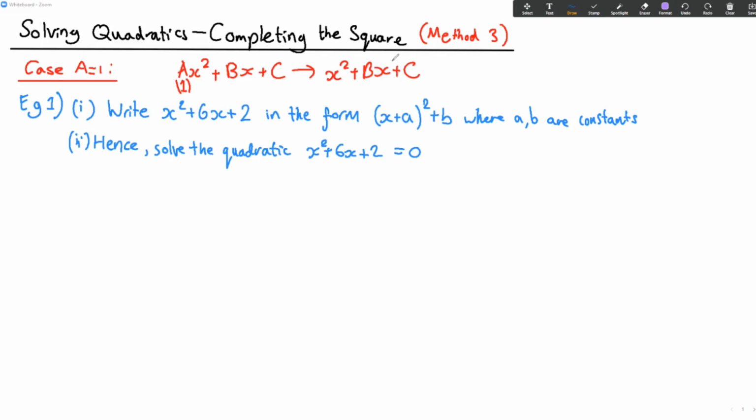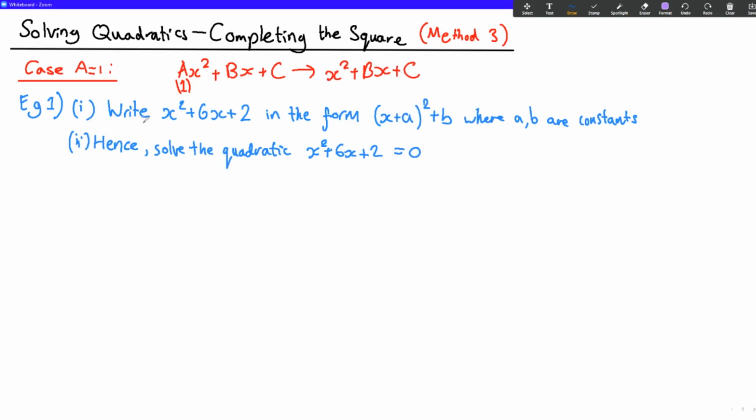Or in other words, this is our form. So, for example, we can see that this quadratic here is in this form because there's a 1 as our a.